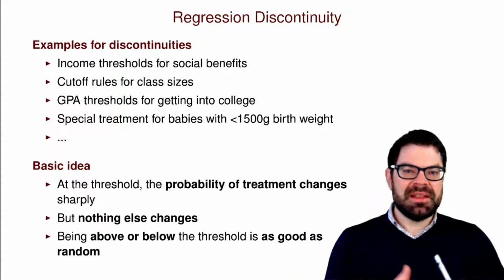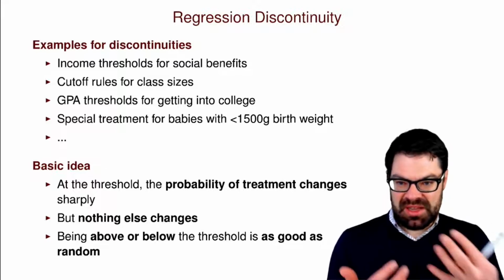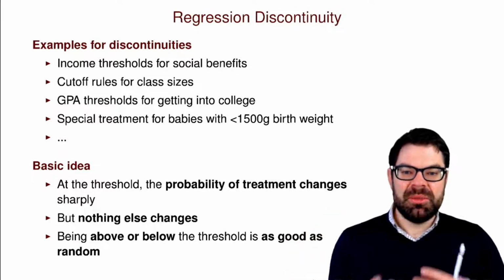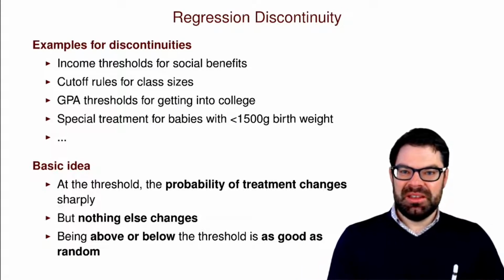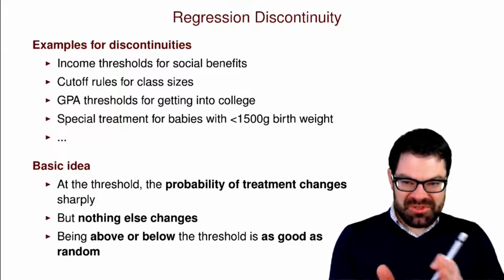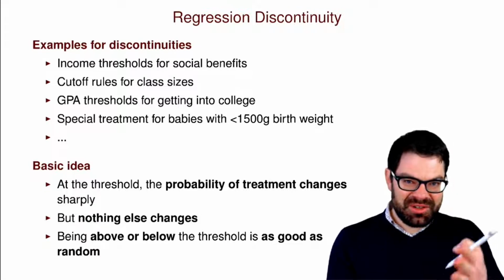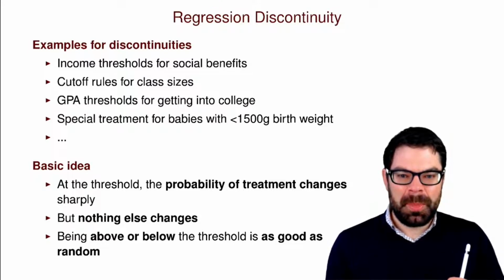That's an arbitrary threshold. There's nothing natural about that threshold. Or think about GPA thresholds for getting into college. If your CAO points in Ireland are above a certain threshold, you can attend a certain course, and if you're below, you cannot.